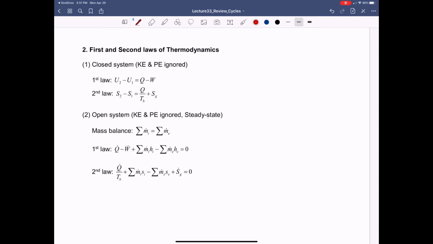Okay. Then let's take a look at the closed system first law and second law of thermodynamics, and that is what we see. We already used those two equations on the last page, so I'm not going to talk a lot about it.